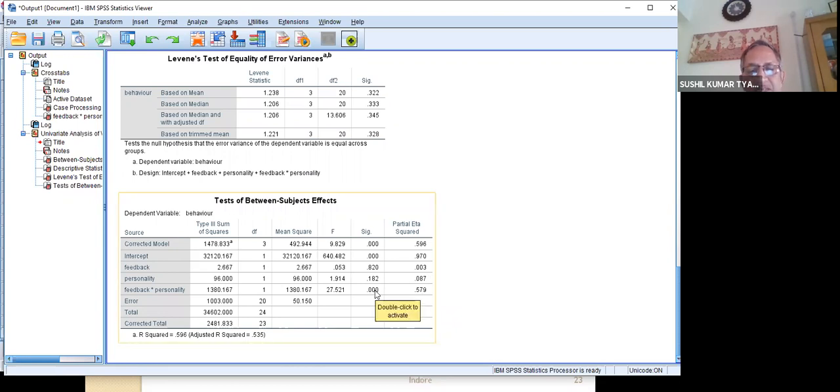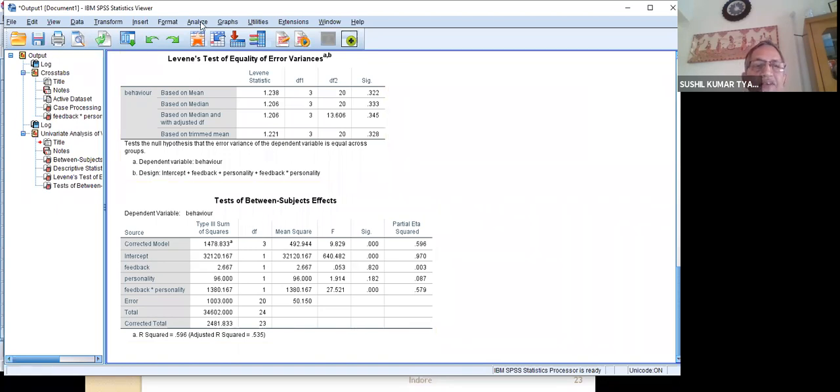And since this interaction is significant, we need to follow it up to see which level of personality mixes with which level of feedback to have better behavior, a high score of behavior. So we will draw a graph.